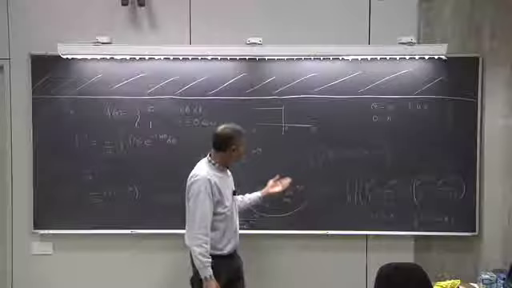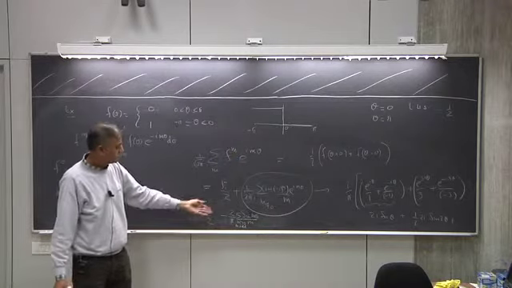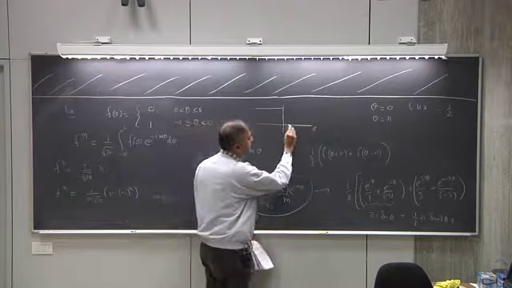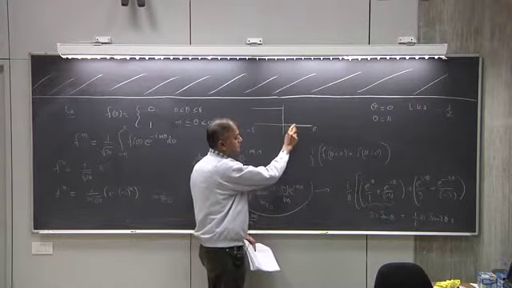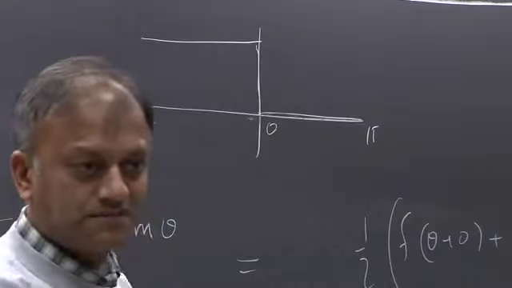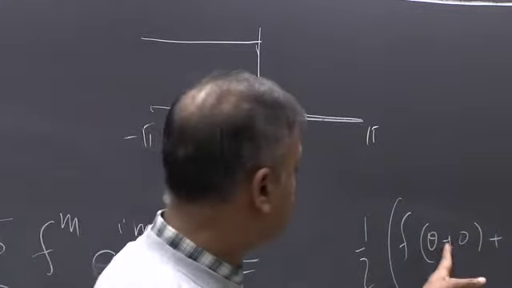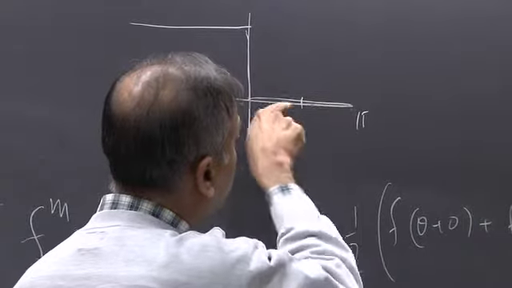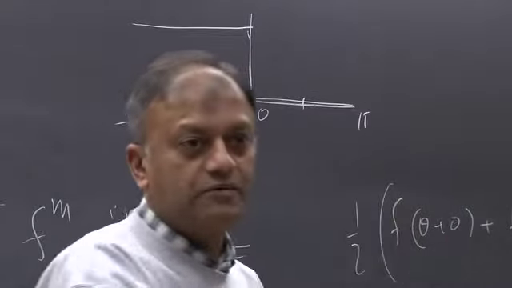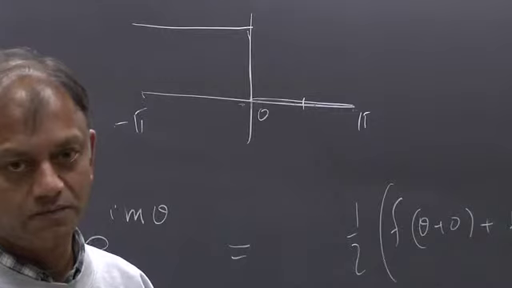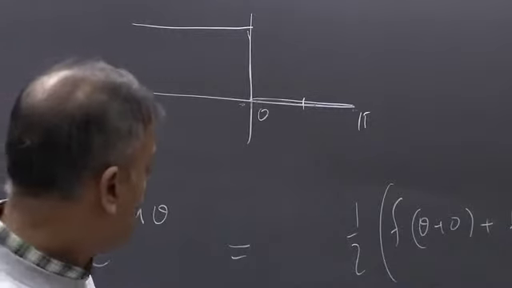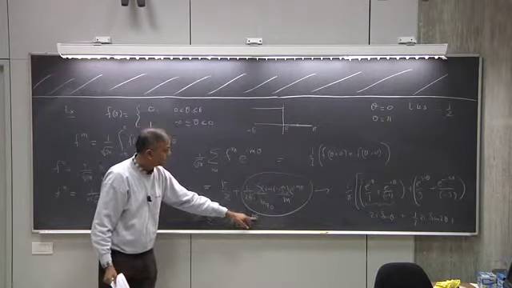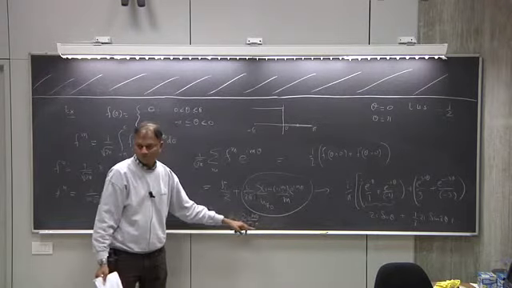But this must be true at all values of theta. This must be equal to that. If you take any point here, the function is continuous, so f of theta plus 0 is the same as f of theta. Take any value theta here. Whether you come from here or from there, the limiting value of the function is the same, which is 0. So this whole expression for theta positive must just give you 0.